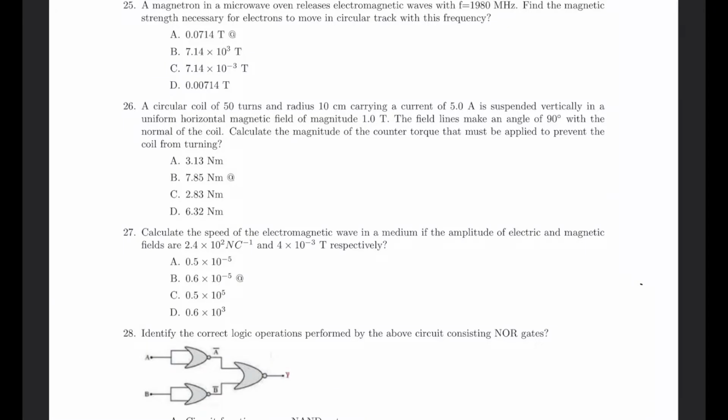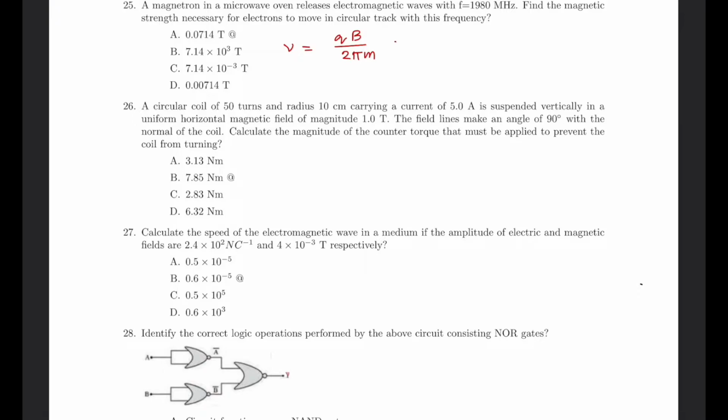The 25th problem says a magnetron in a microwave oven releases electromagnetic waves with frequency 1980 MHz. Find the magnetic field strength necessary for an electron to move in a circular track with this frequency. As we know, the frequency for a cyclotron is qB/2 pi m.